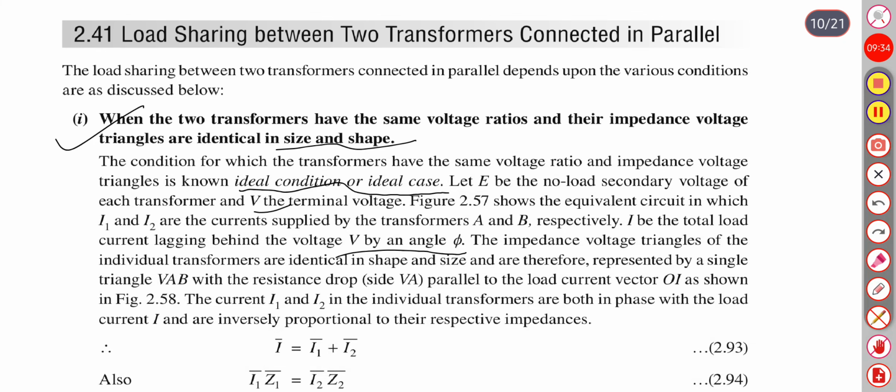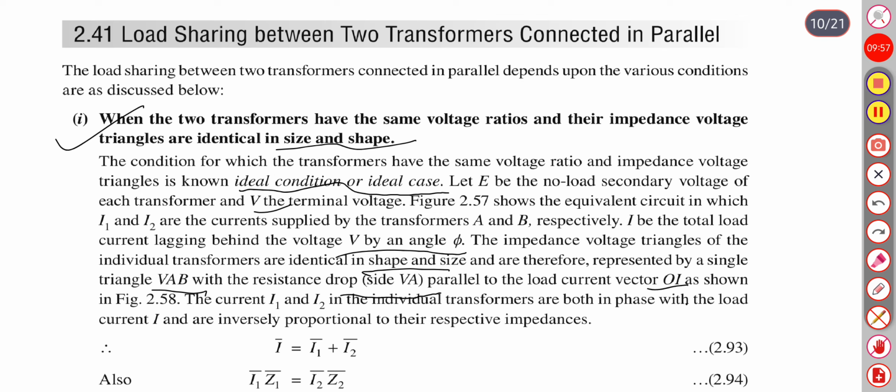The impedance voltage triangles of the individual transformers are identical in shape and size and therefore represented by a single triangle VAB with resistive drop side VA parallel to the load current vector OI as shown in figure.